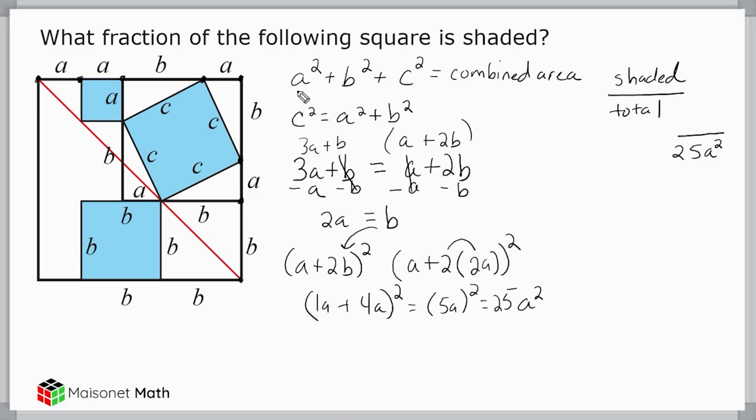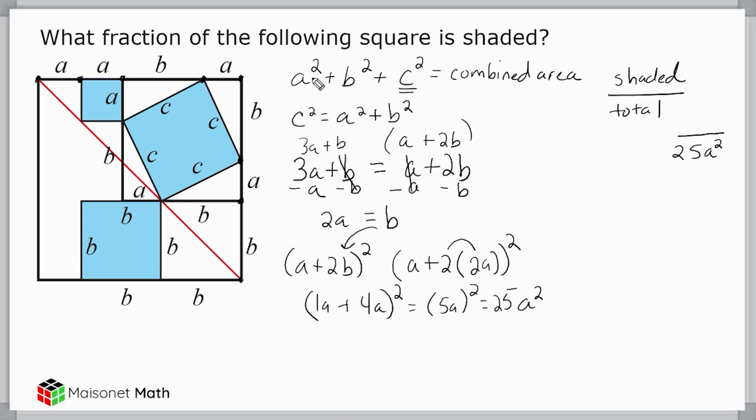And notice with this equation that we came up with that expresses or reflects the combined area of these three squares, that we have a C squared right here. Because C squared is equal to A squared plus B squared, we can substitute C squared with A squared plus B squared.